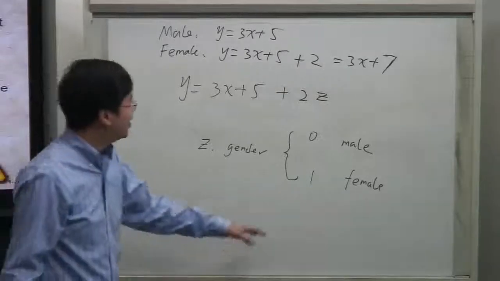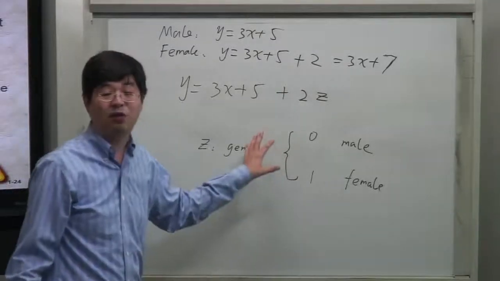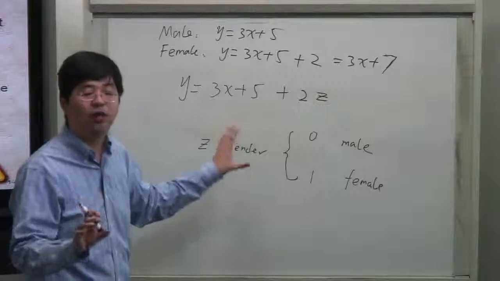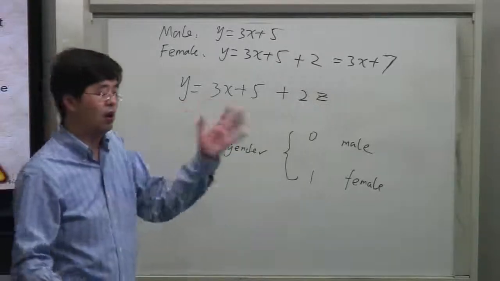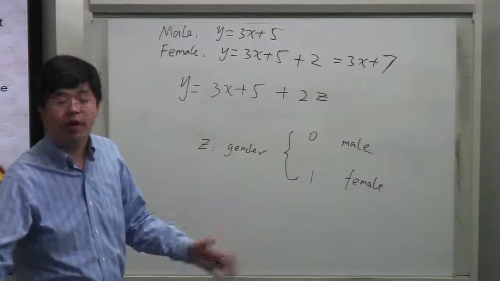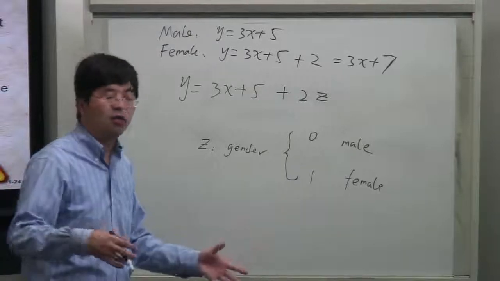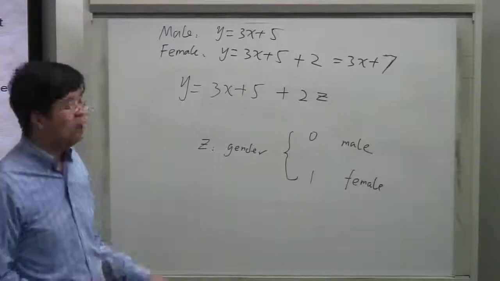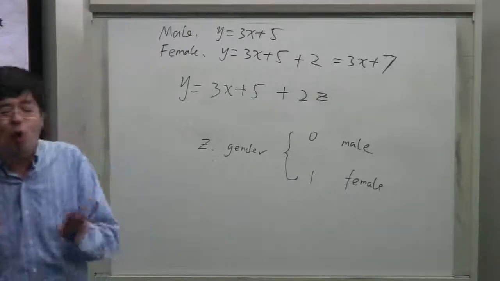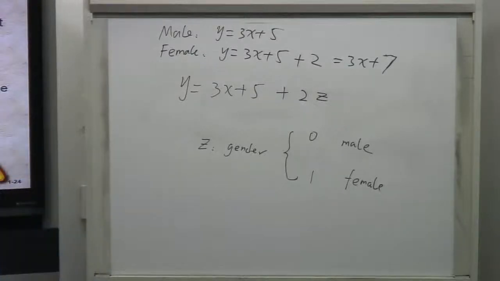You see? That's how we can handle this so-called binary variable, if we only have two values, male, female, or adults, children. But if this qualitative variable has more than two realized values, then it's hard to handle.